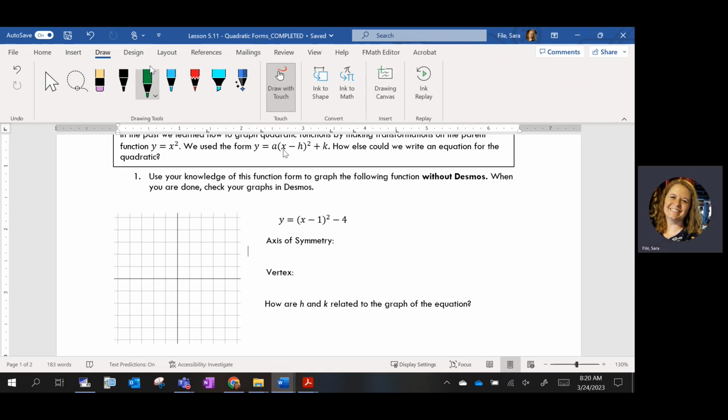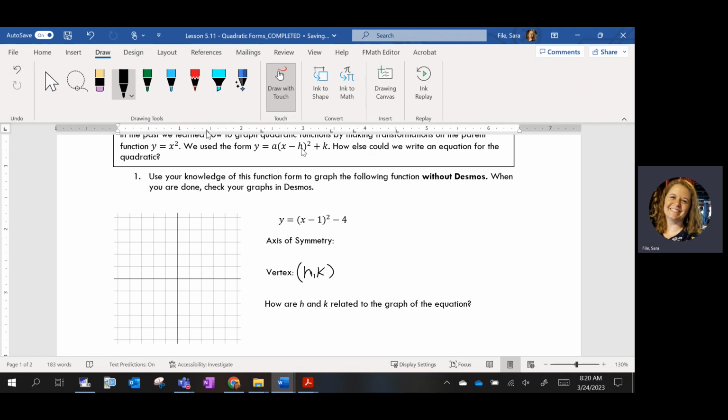Do you remember where the vertex comes from? K is a part of it. And what else? H. Okay, so your vertex is (h, k). Remember, inside the parentheses is the horizontal shift, and the k outside is the vertical shift.